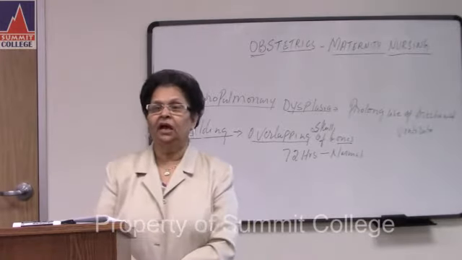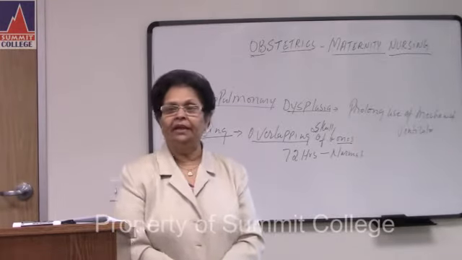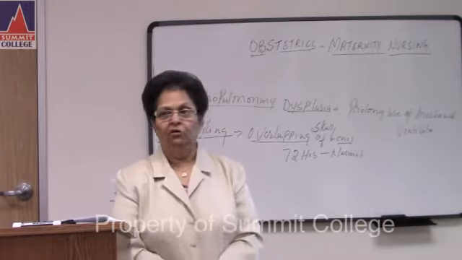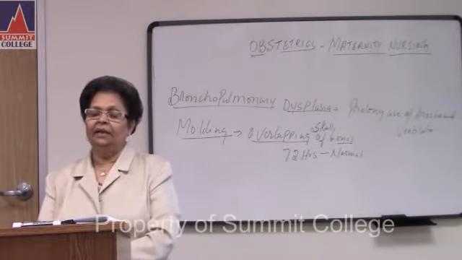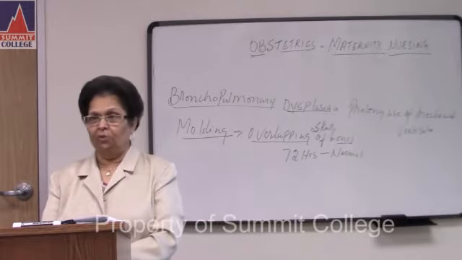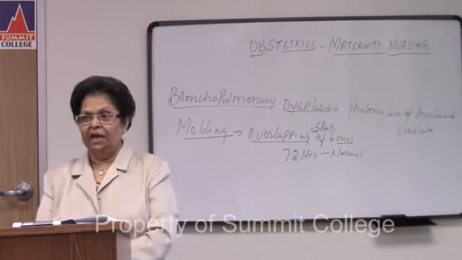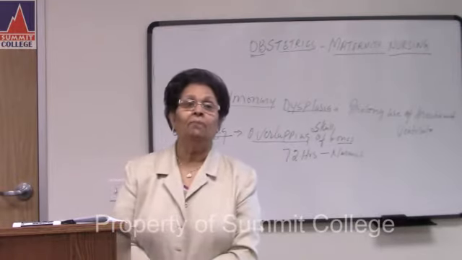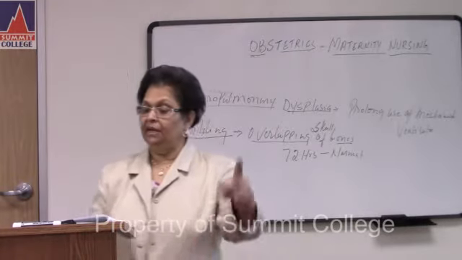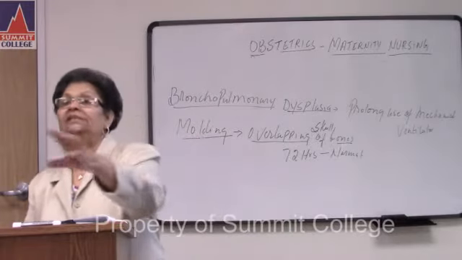Tocolytic medications, why tocolytic medication? To lower the contraction. What are the medications you have? Terbutaline or brethine. And also some question I came across. If you are giving brethine, when do you stop giving brethine? When the mother is dilated 4 centimeters.